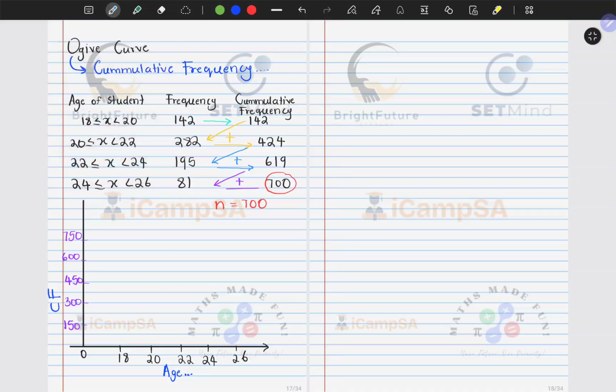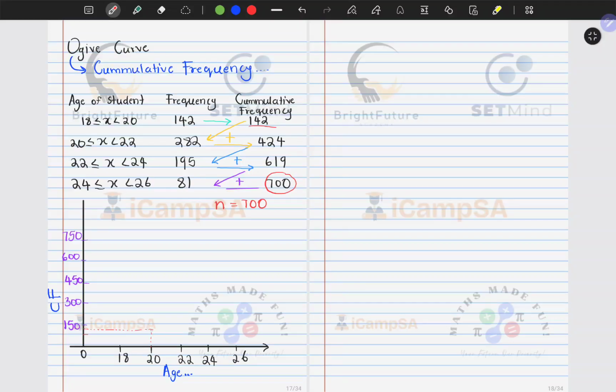Okay, so let's have a look then. So for 20, remember we said we always use the side here. So for 20, we have 142. So if you think carefully, midway here we're at 75. So 142 is very close to 150.